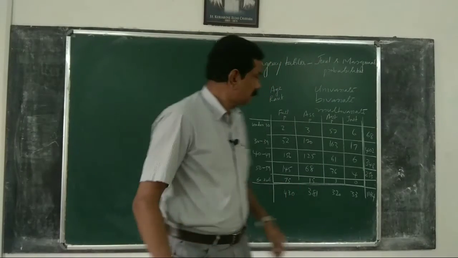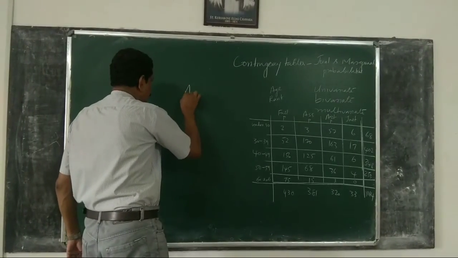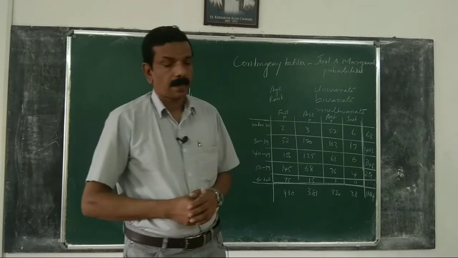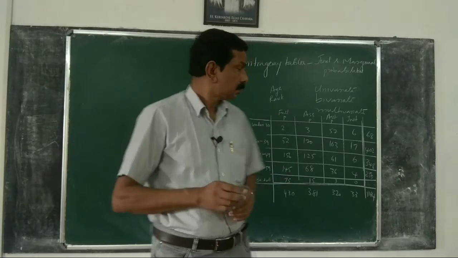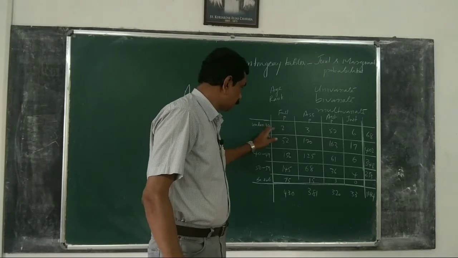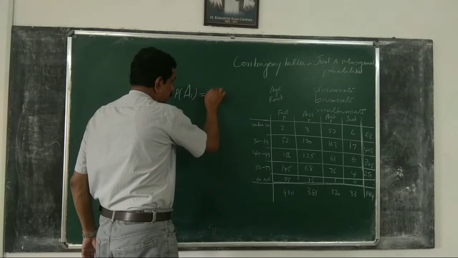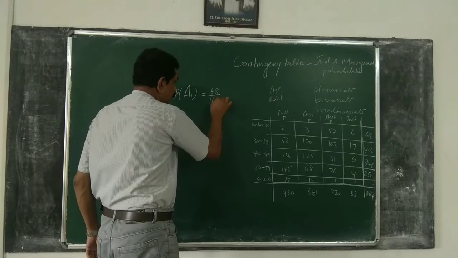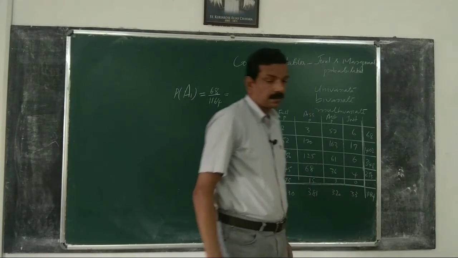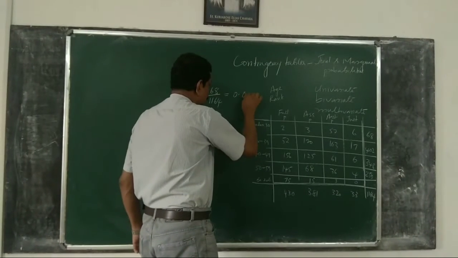Now the question is, let the event A1 be that the faculty member is below 30. Then the probability of A1 is equal to 68 by 1164, which is 0.058.